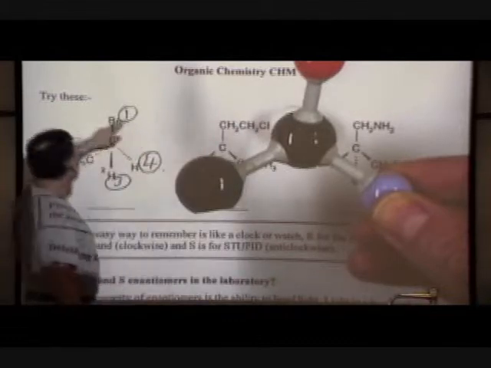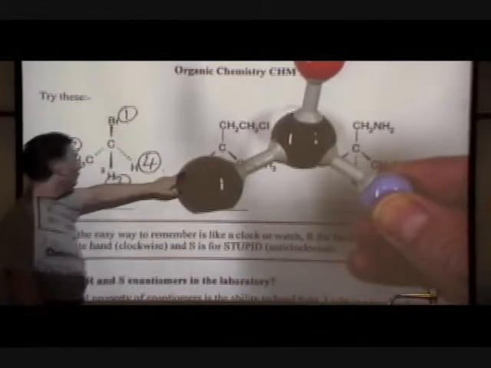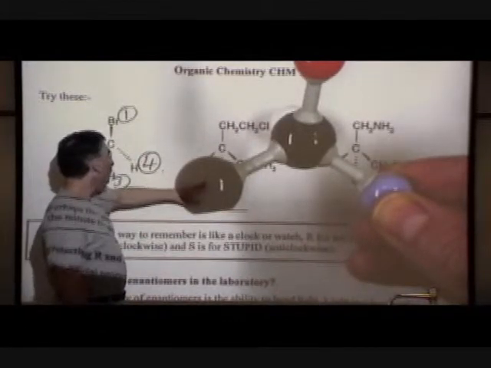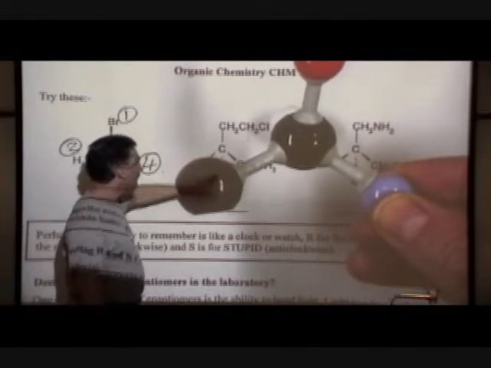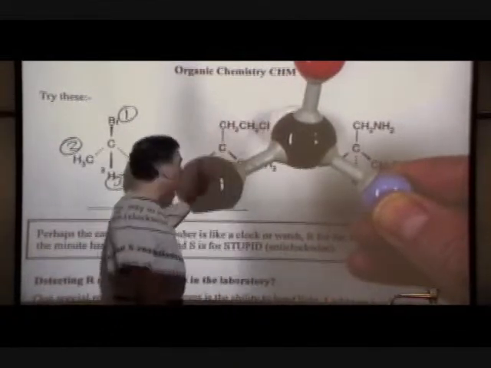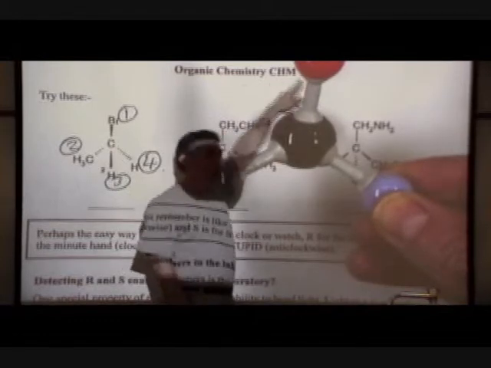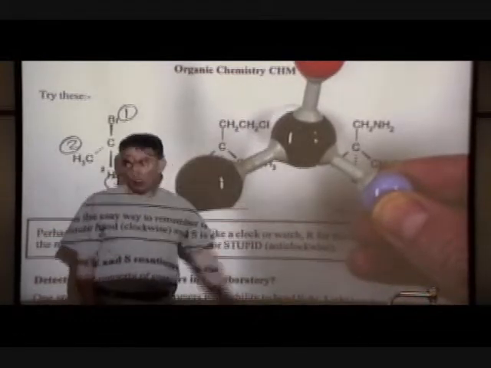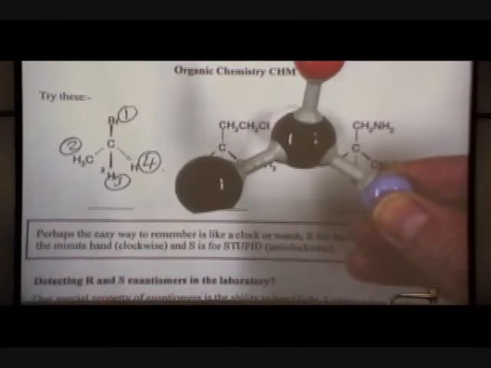We said that the orange bromine was highest priority. Second place was for that methyl group, which is now represented by this bead on the left-hand side. So we go 1, 2, 3. We're going in a counterclockwise direction, so it must be the S enantiomer.